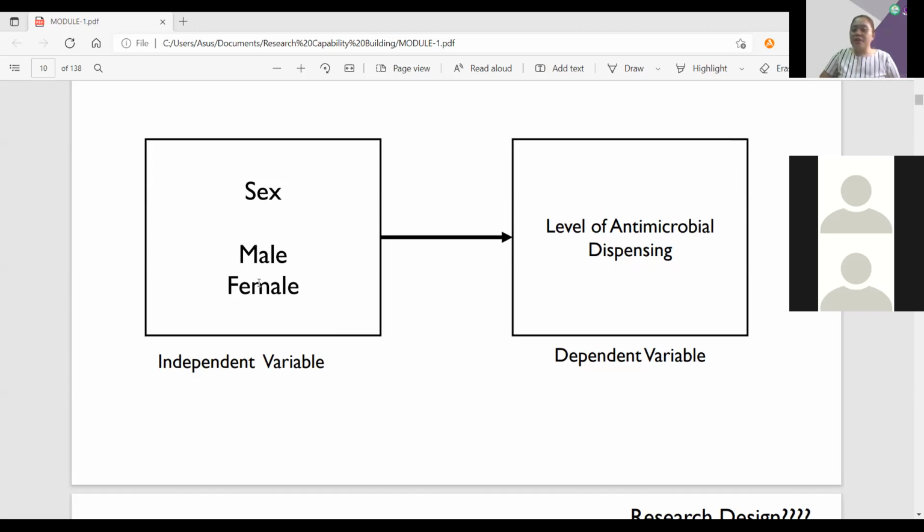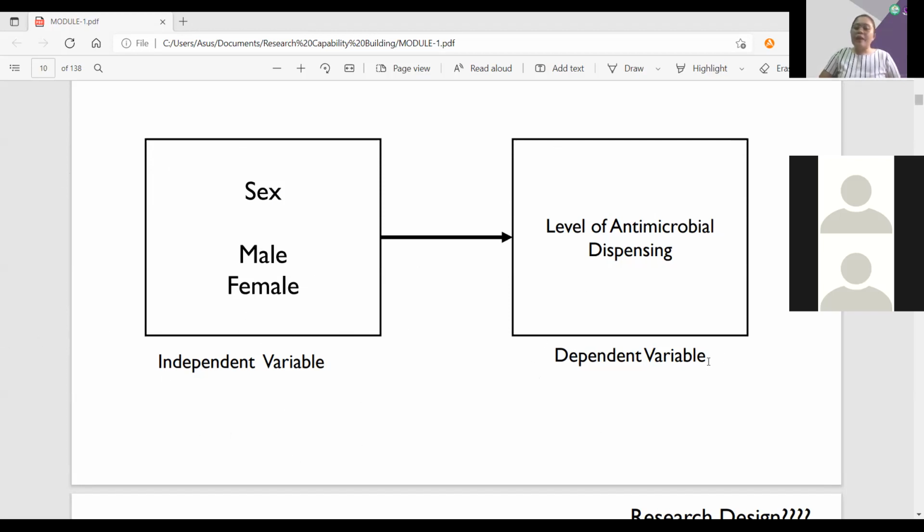As you can see, we only have two groups here. The sex will be the independent variable. This is being controlled in the study, so in the questionnaire, you will be separating the males and also the females. Again, we are manipulating this, we are controlling this.